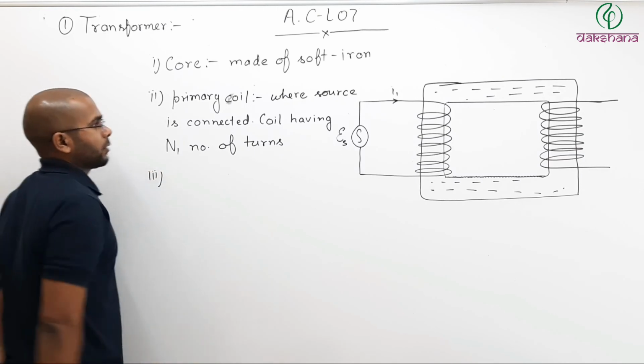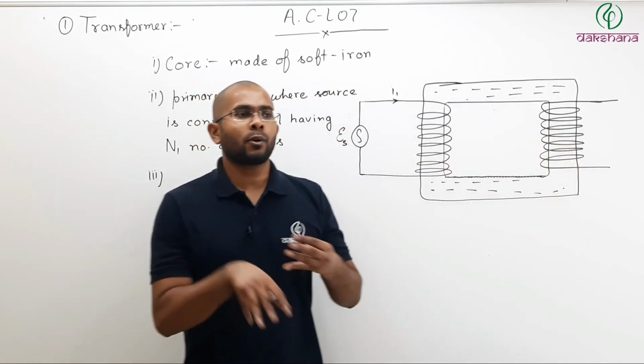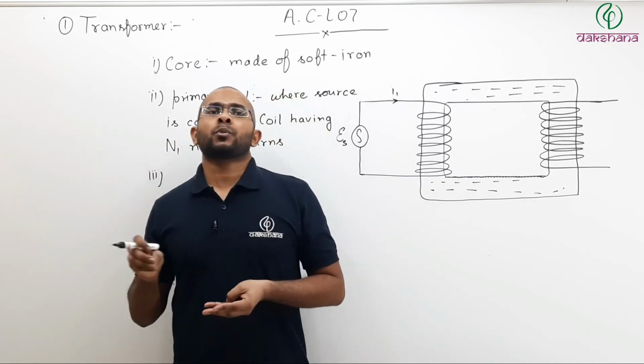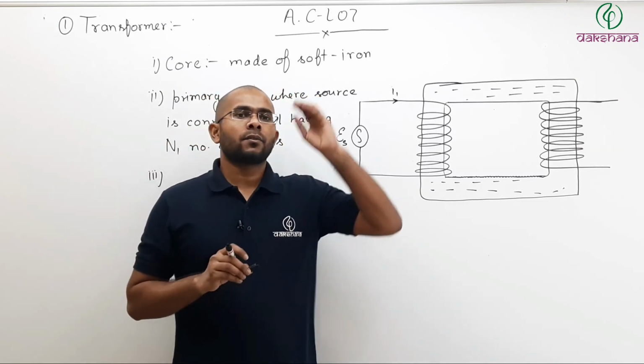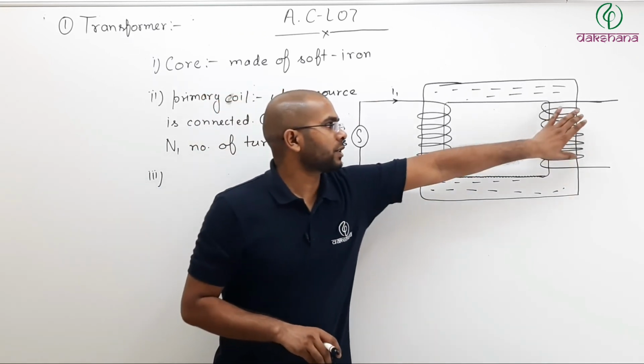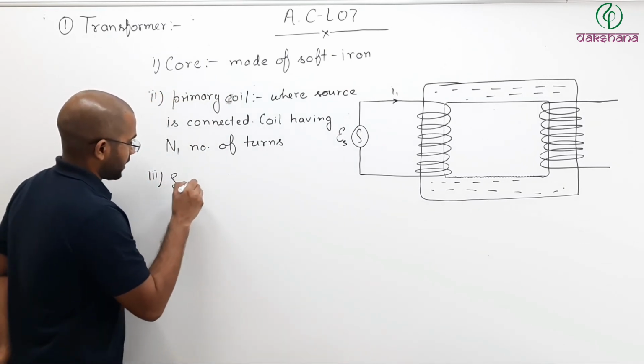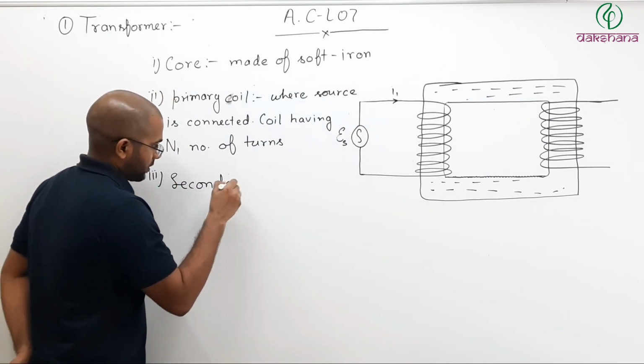Okay. Now the third is your secondary coil. The secondary coil is from where you take the output. Meaning if you want to go from high to low, the low voltage is your output. So the coil from where you take output is your secondary coil.